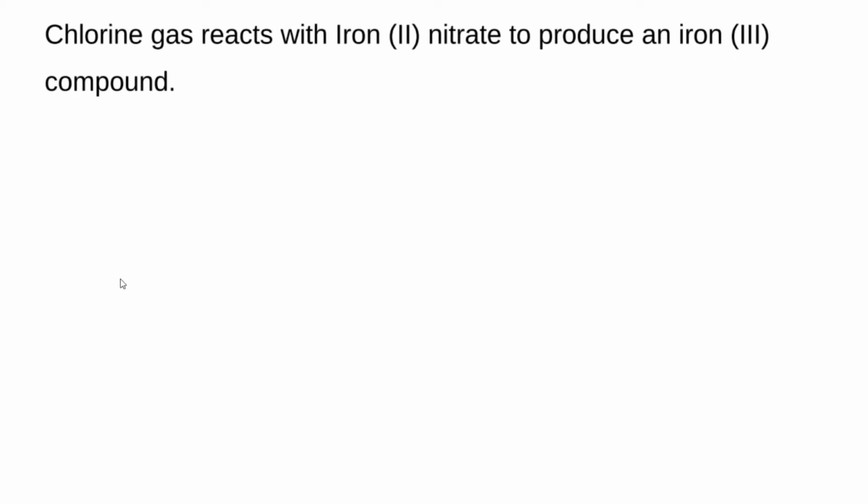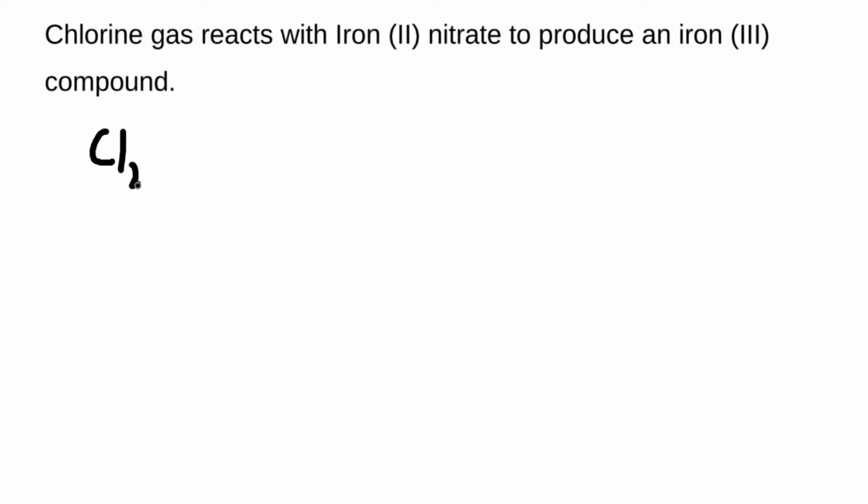So we have a sample redox reaction. Chlorine gas reacts with iron(II) nitrate to produce an iron(III) compound. So we have here Cl2, plus Fe2+, transfers into Fe3+.